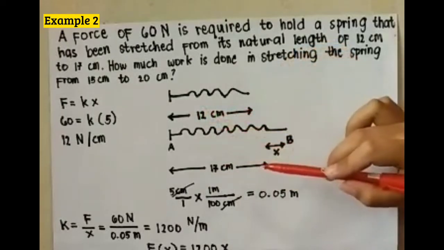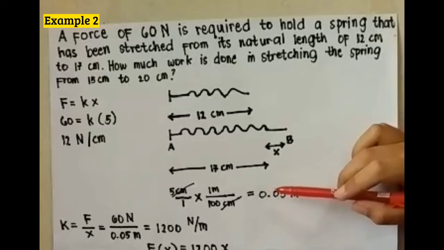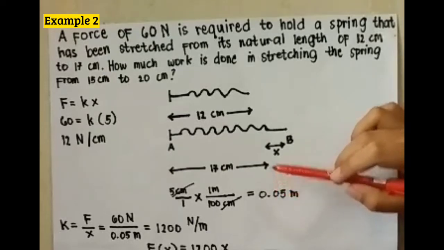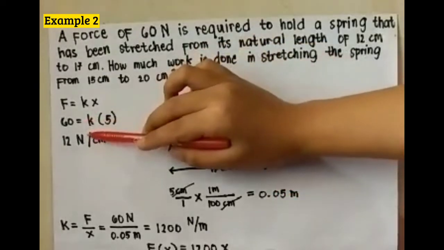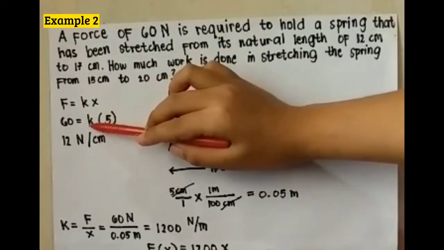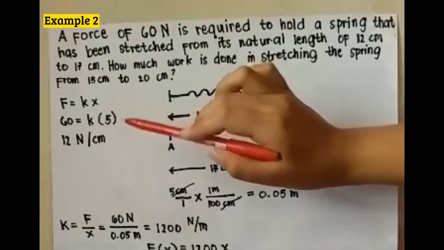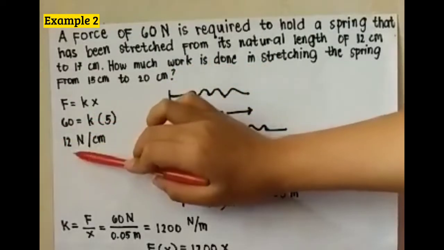So in this example, x is 5 centimeters when a force of 60 newtons is applied. So 60 equals k times 5. So k is going to be 60 divided by 5, which is 12 newtons per centimeter.